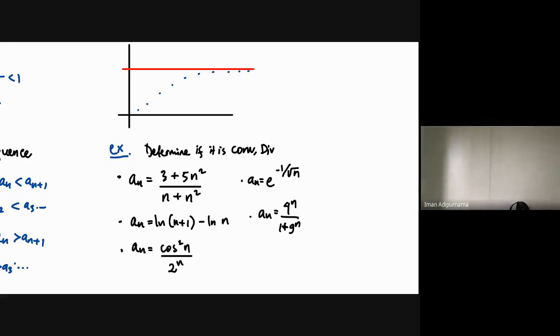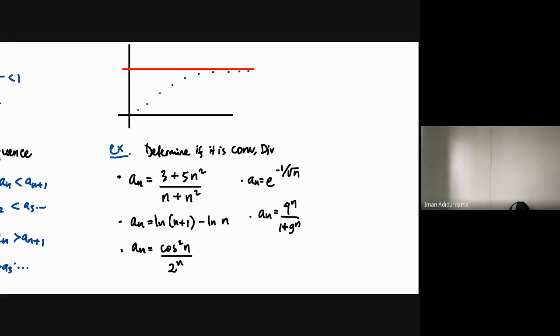And the other ones like this and this, you need to do some algebra, simplify, and then use some limit law. E is also similar.